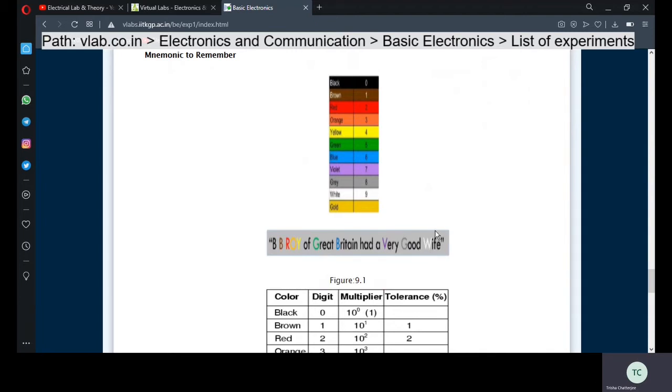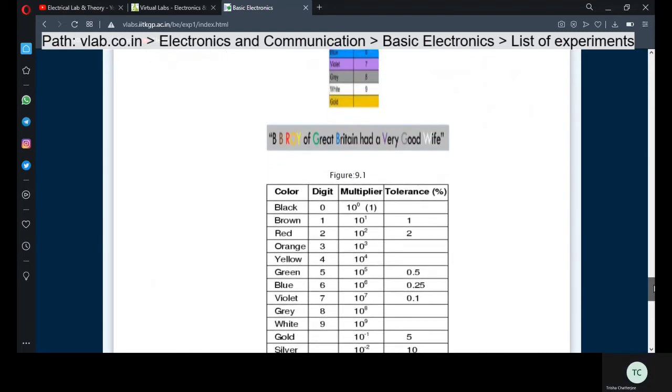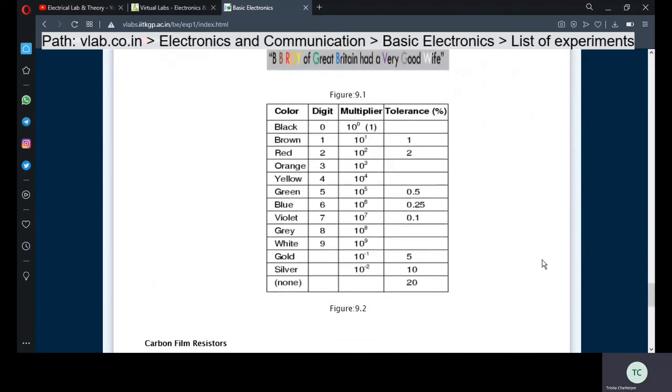And the last one, white, denotes the white color. And this is the table showing how to measure the resistance value in total.